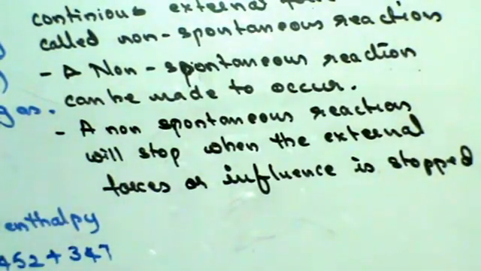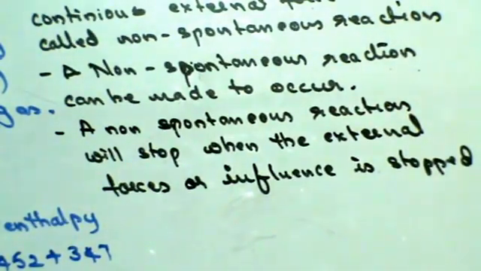Solid potassium chloride spontaneously dissolves in water, but dissolved potassium chloride does not crystallize on its own. Till the time I don't heat it and evaporate the water, I will not get my potassium chloride crystals again. A cup of tea cools down naturally by releasing heat, but the reverse process, that is tea at room temperature, cannot absorb heat and become hot, right?